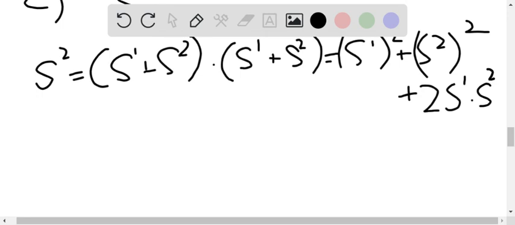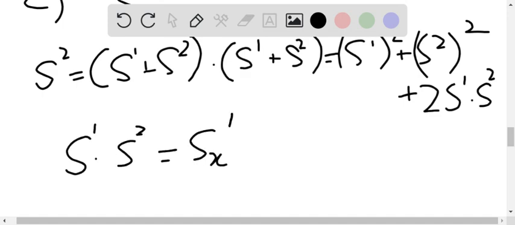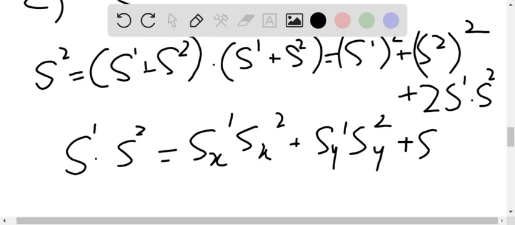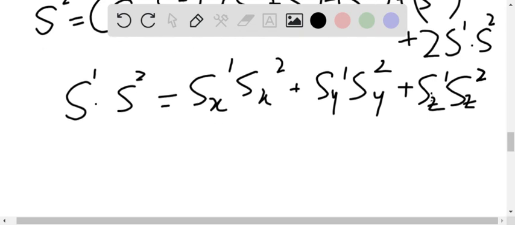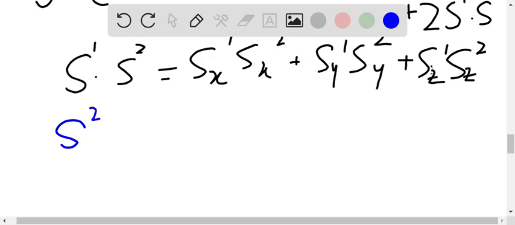Over here S1 dot S2 is equal to Sx1 Sx2 plus Sy1 Sy2 plus Sz1 Sz2, and we can show that |1 1⟩ is an eigenstate as follows.